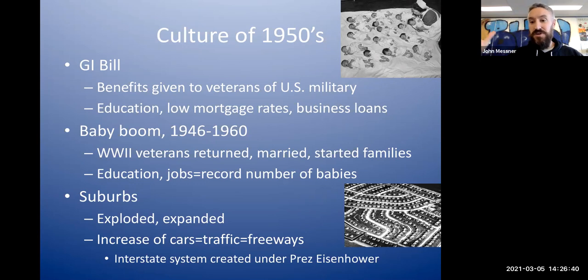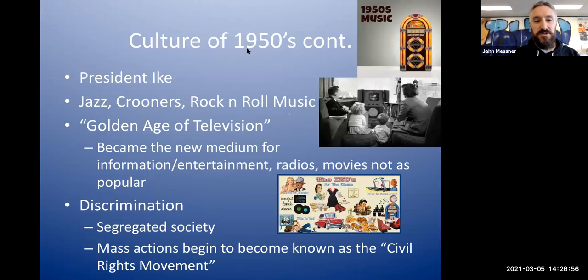But now is continuing to expand as people are still moving out of the cities and wanting to live here because it's a great place. So, but the increase of cars is causing an increase of traffic, and we need even more freeways, and Eisenhower helped to create those.